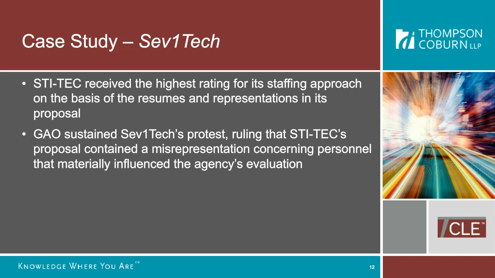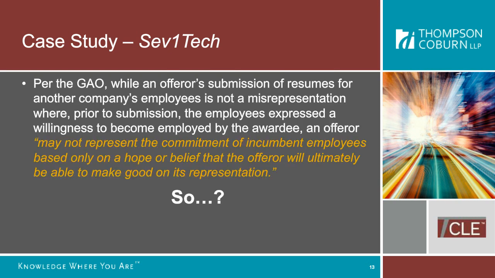ruling that STI Tech had materially misrepresented the personnel that it was proposing, and that had a material influence on the agency's evaluation. According to the GAO, while an offeror can submit the resumes for another company's employees, and certainly that happens all the time, it's not a misrepresentation where prior to submission, the employees expressed a willingness to become employed by the awardee.